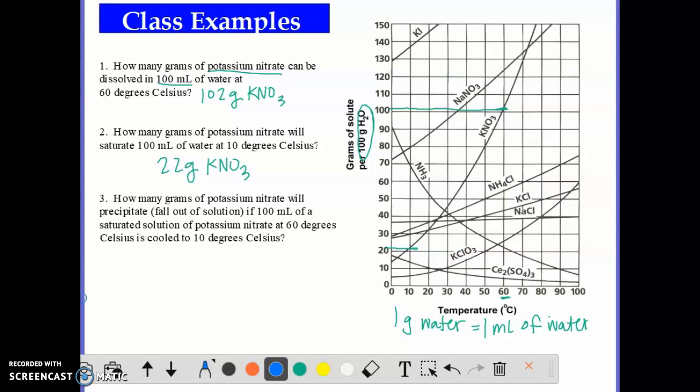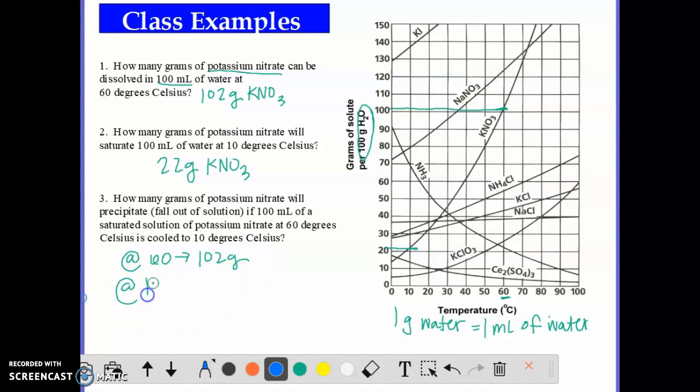Number 3, how many grams of potassium nitrate will precipitate or fall out of the solution if 100 milliliters of a saturated solution of potassium nitrate at 60 degrees Celsius is cooled to 10 degrees Celsius? So at 60, it is 102 grams, which we figured out before.